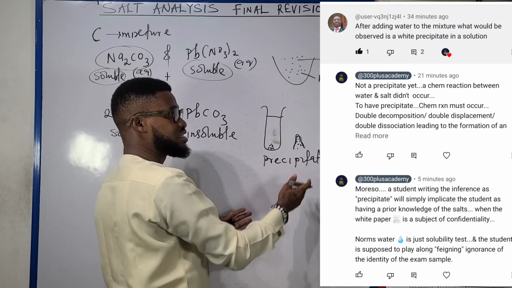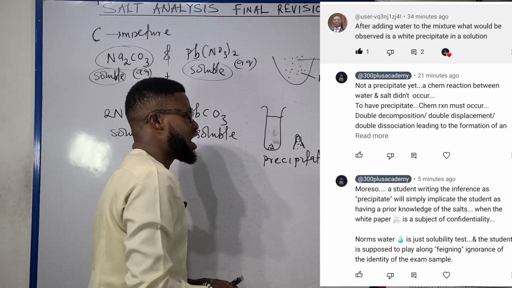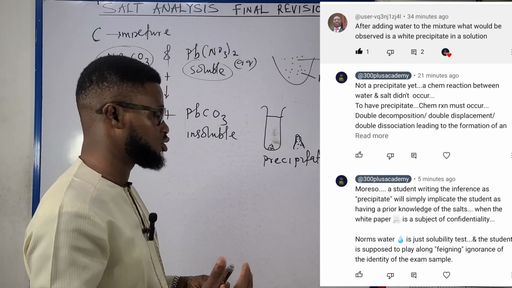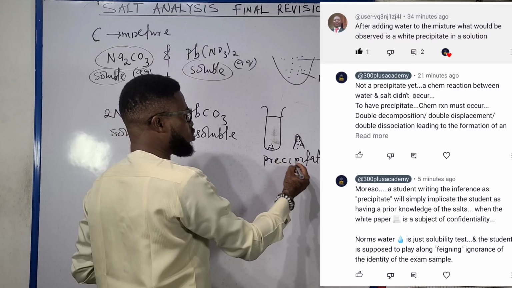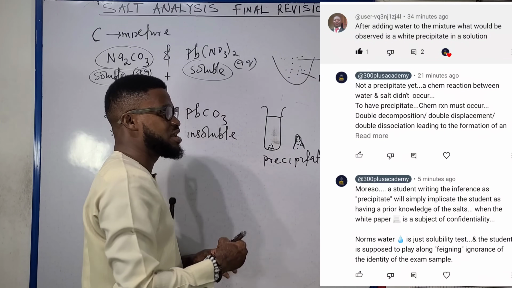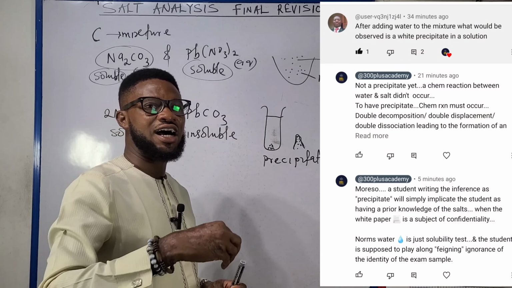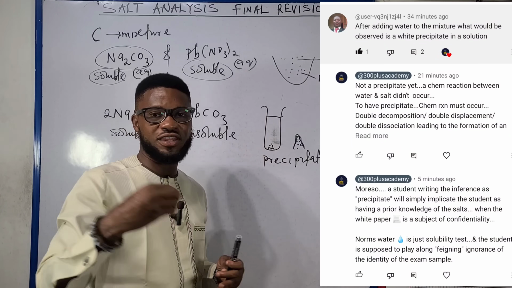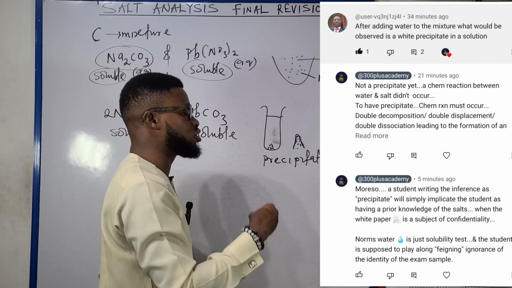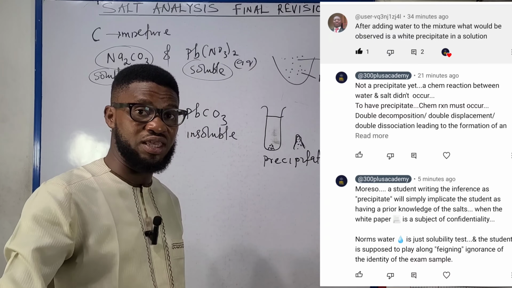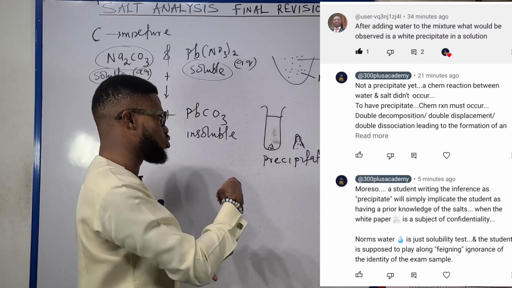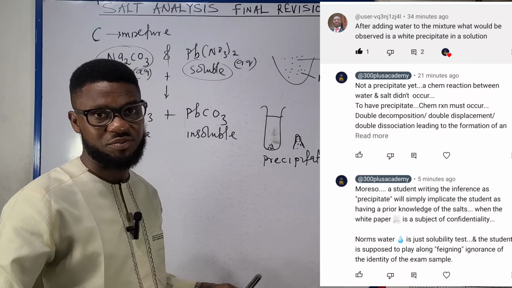If you say this is a precipitate, then you'll be implicating yourself as a student, because it would mean you already know what your sample is supposed to be, which is supposed to be confidential for the exam.